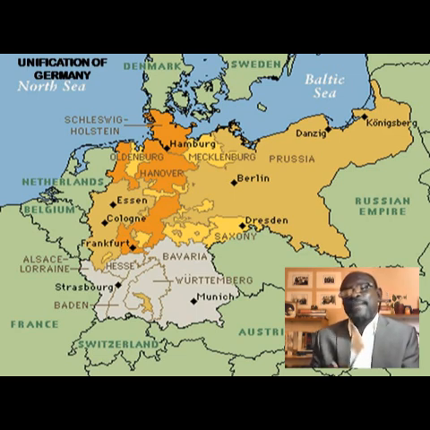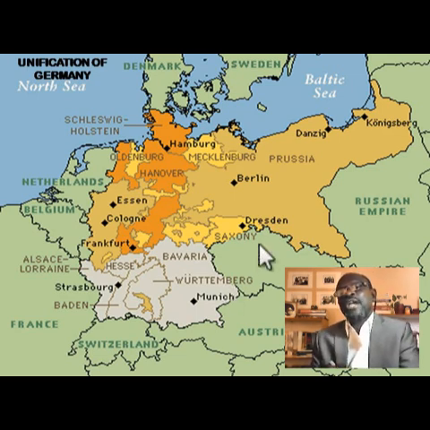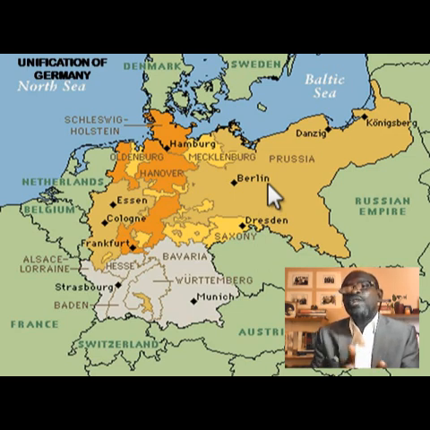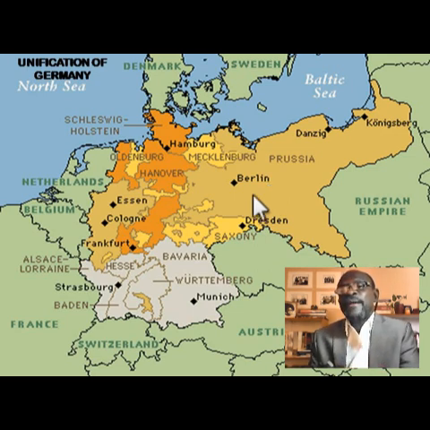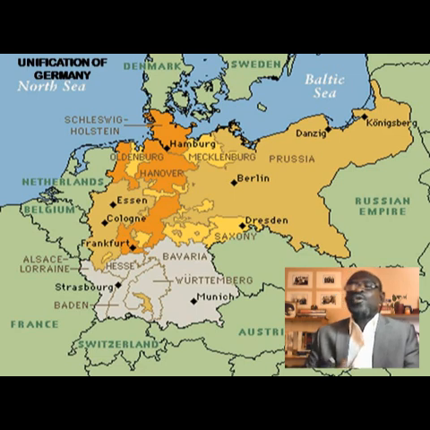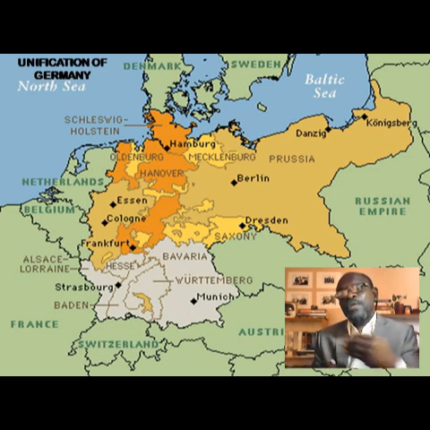So this was a problem because Prussia, on the other hand, was looking towards the unification of Germany, but Austria, which was the most powerful of the Germanic city-states, duchies or principalities, was not really looking towards that kind of vision. So these were the initial challenges towards the unification of Germany.